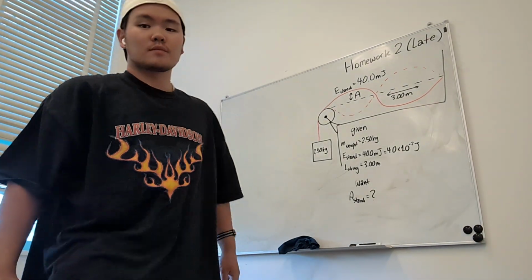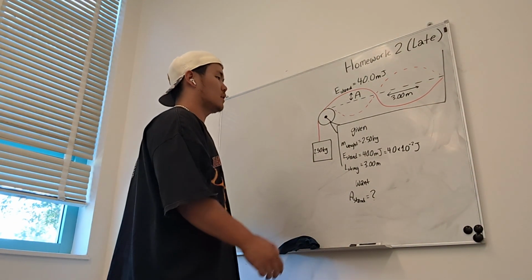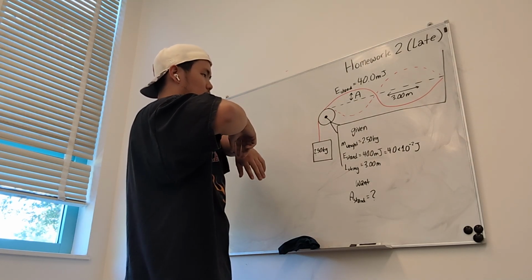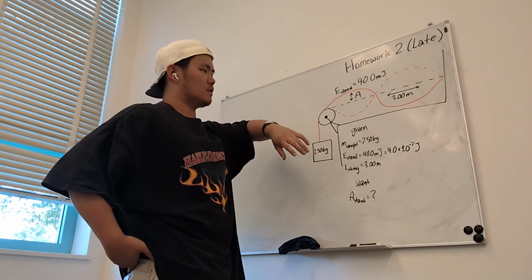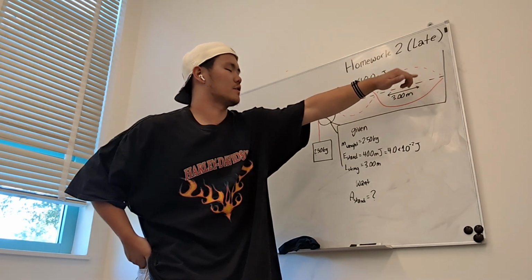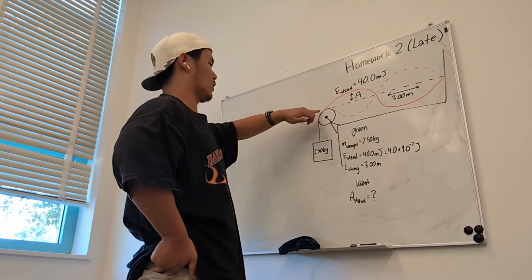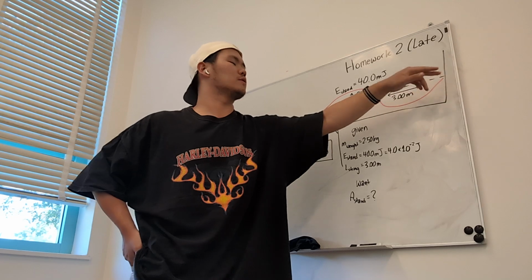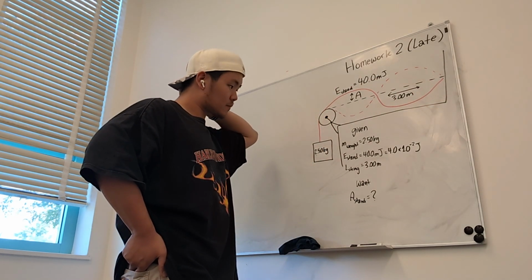So, here is our setup. We're given these traveling waves. We know the string is bouncing. It's 3 meters across from the wall that's unmoving to the pulley.